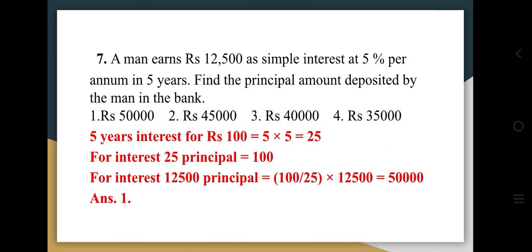So 25 corresponds to 100. We want what 12,500 corresponds to. So we have to divide 100 by 25, multiply that by 12,500. 100 by 25 is 4. So 4 into 12,500, which is 50,000. So the answer is choice 1.